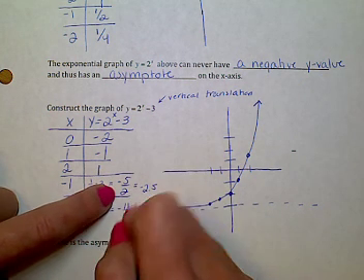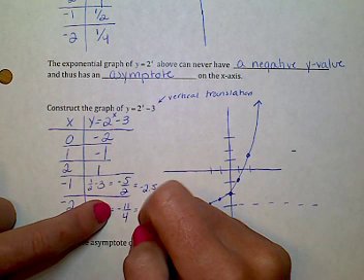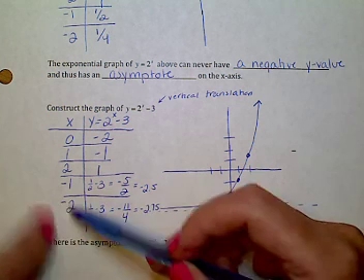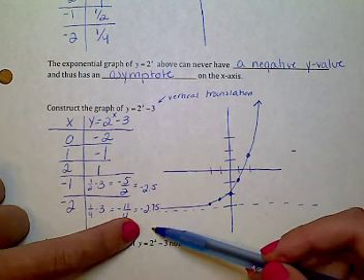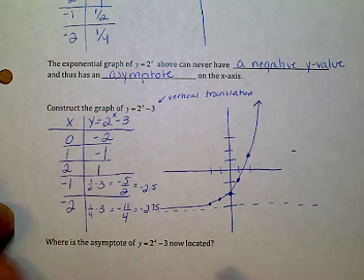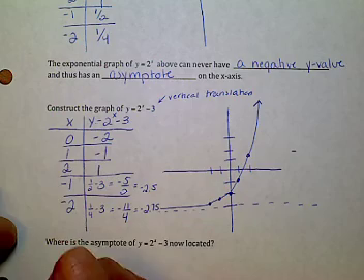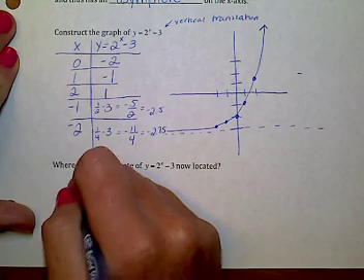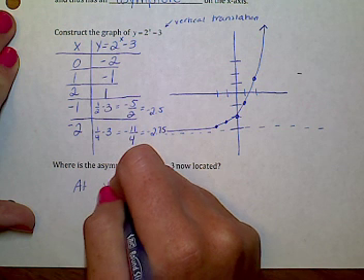This is negative 2.5, and this would be negative 2.75. So if I were to plug in negative 3, this would become negative 2 point something, a little closer to negative 3. So you would get closer and closer to negative 3, but you would never hit it. So that's why we have an asymptote now at the line y equals negative 3.